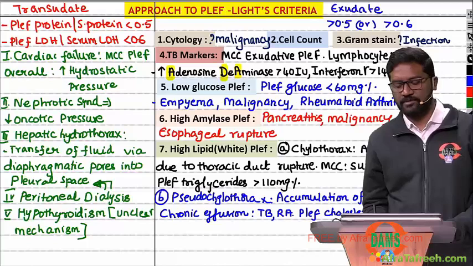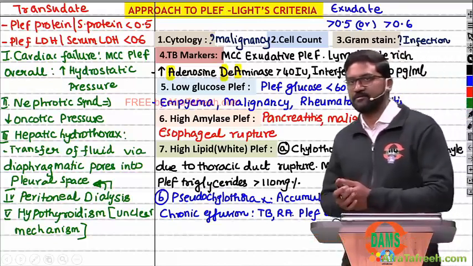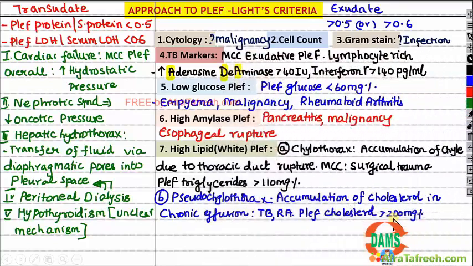Now observe here, students, whenever there is a chronic disease such as tuberculosis or rheumatoid arthritis, the pleural effusion must have been there for months together, and as a part of inflammation, so many cells must have come into the pleural space.